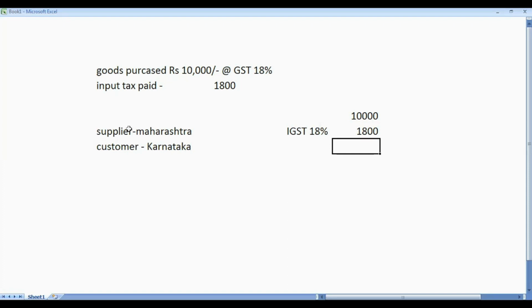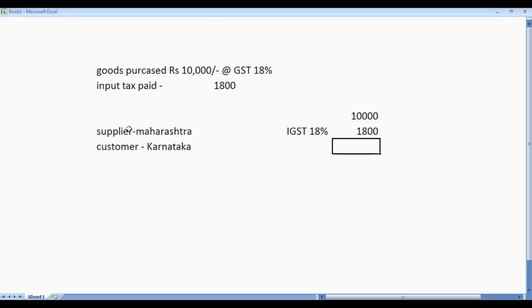So the state in which the supplier produces the sales bill, that state will get that amount of GST, but it will get this amount after some time.